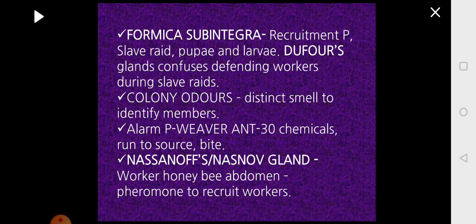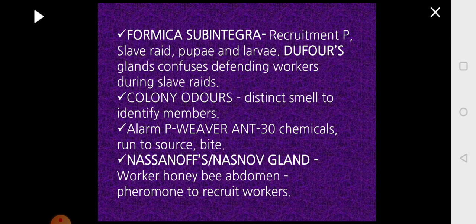Some ant colonies secrete pheromones called as colony odors, and this will help in recognizing its own members so that they all can stay within the colony. In another ant called as weaver ant, it can produce 30 different types of chemicals and they will be involved in different types of activities.